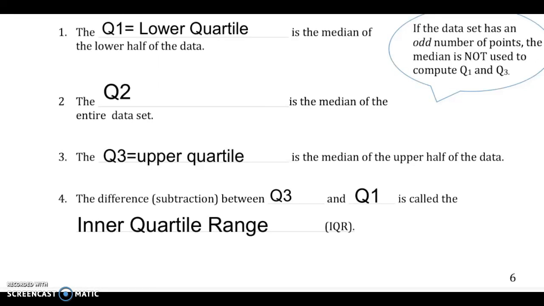So we also have another word we use when we're talking about these quartiles, and that's called the interquartile range. What that's going to tell us is how big of a distribution our middle 50% of our data is.